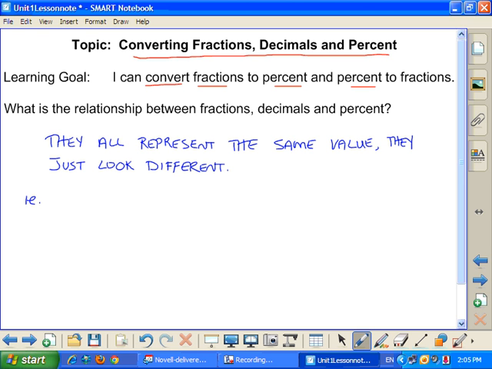So here's my example. Let's start with the fraction 1/2. Okay, so there it is in fraction form. So fraction, decimal, and percent.